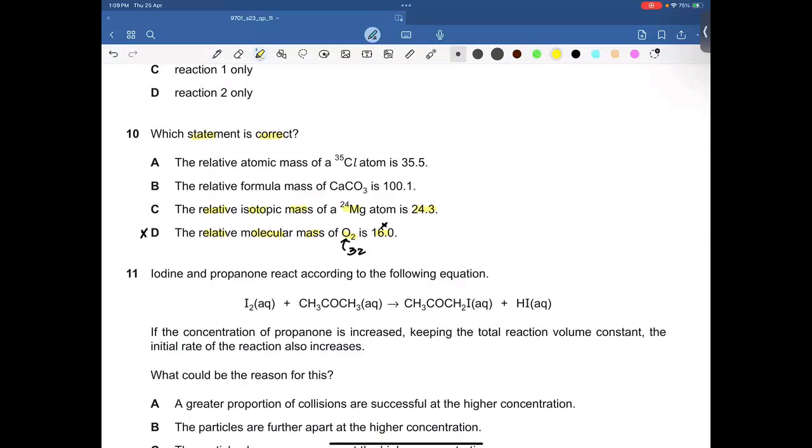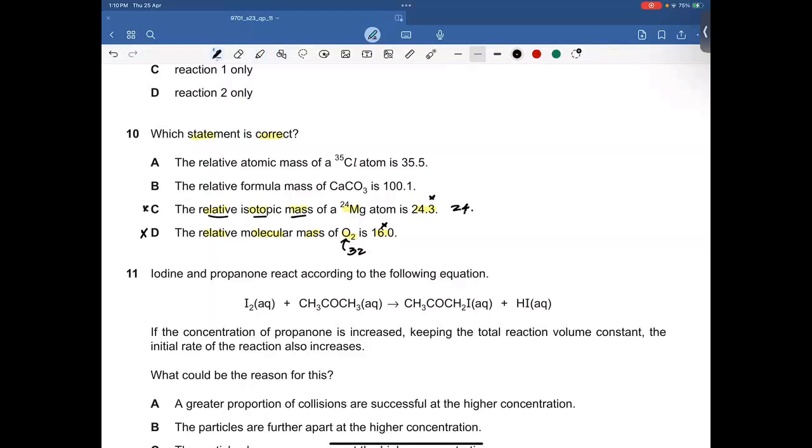Relative isotopic mass is not the average mass, right? So it must be 24, not 24.3. Okay, so this must be incorrect.